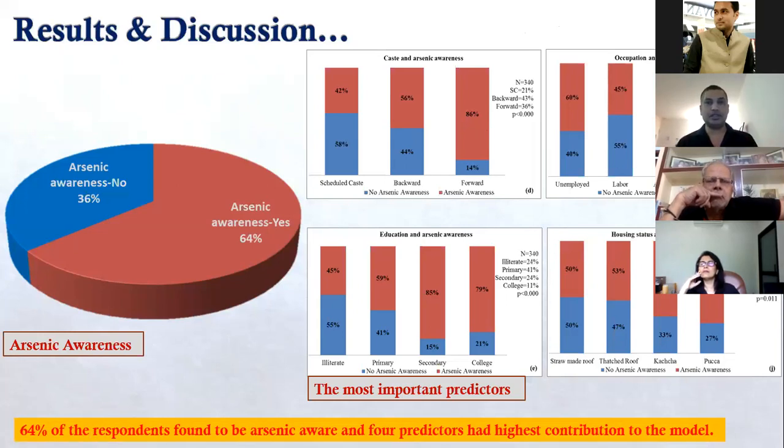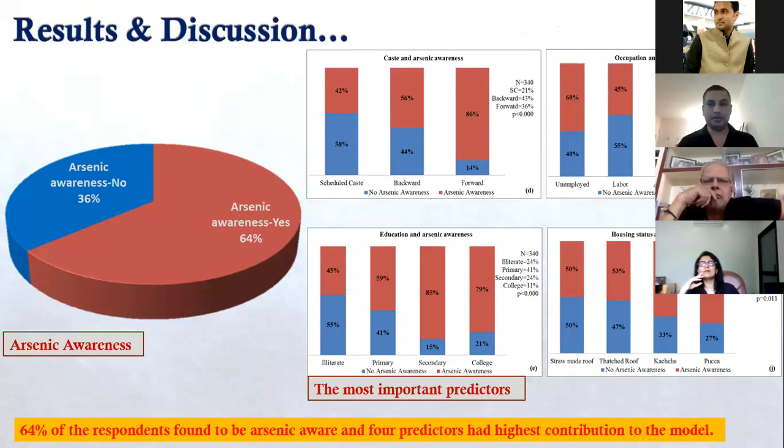So if you see here, we're talking about results here. Caste versus arsenic awareness. So out of 340 households, a majority were backward caste, 43%, followed by forward caste, and then scheduled caste. Now you see the arsenic awareness was significantly different across the castes.